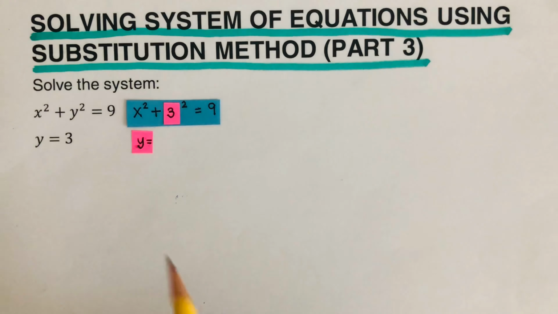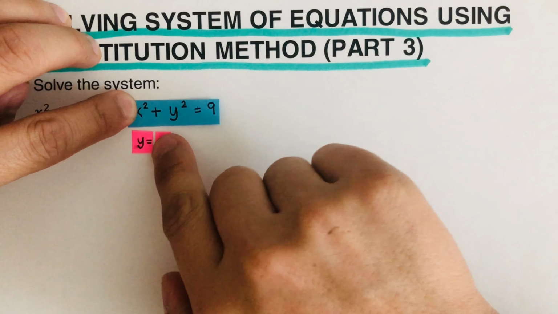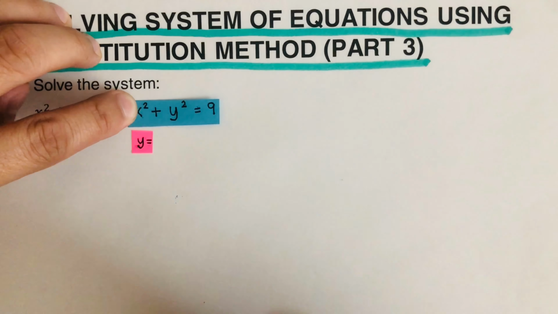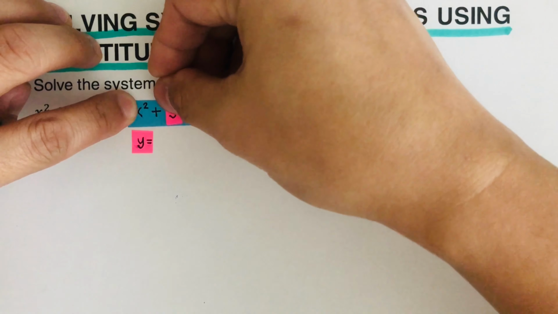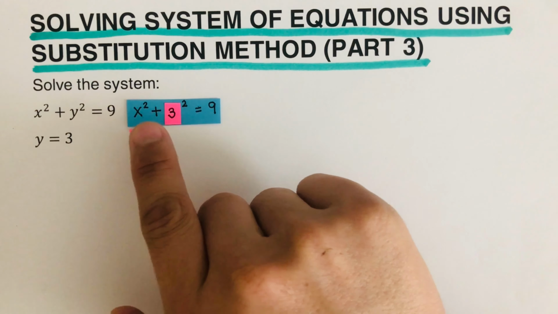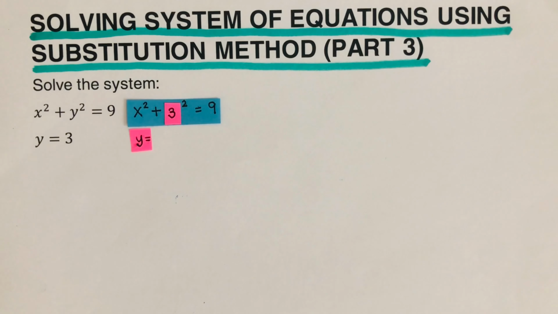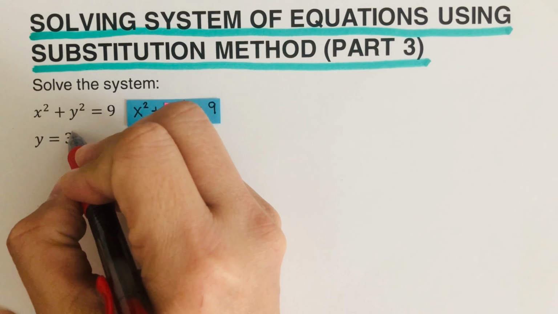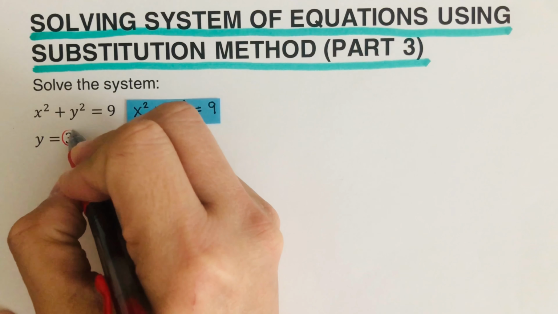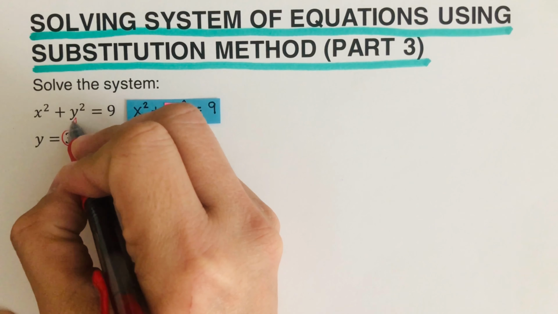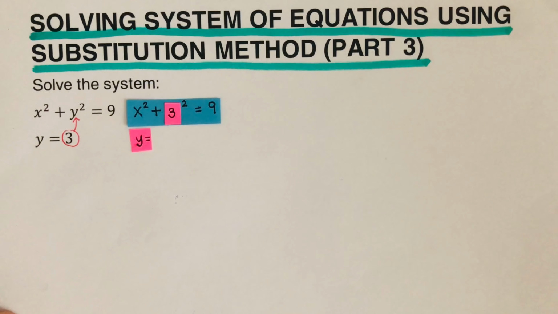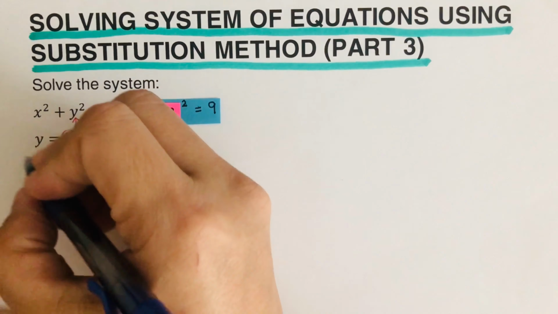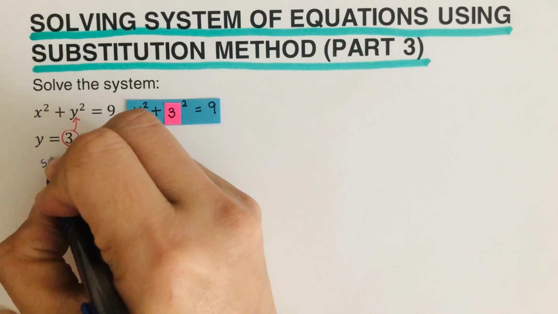So again, what I did was, since y is equal to 3, I took this 3 off of the y from the second equation and put it into the first equation. We're going to work through this equation in order to solve for x. So if we rewrite the equation, this is step 1.